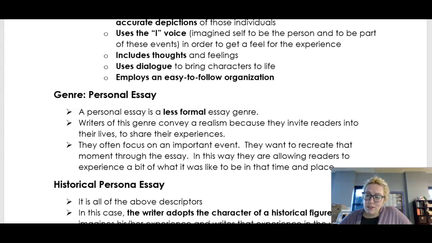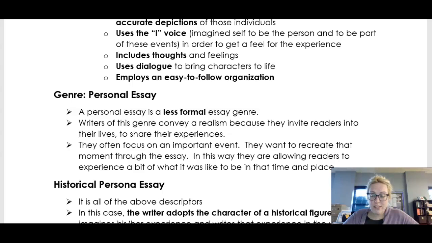It's usually going to focus around an important event, one thing that was significant in the life of that person. You want to recreate that moment throughout the essay, maybe explain how that changed their life, how it caused them to be successful later on, how it motivated them, and really focus on that one event, not a series of events.